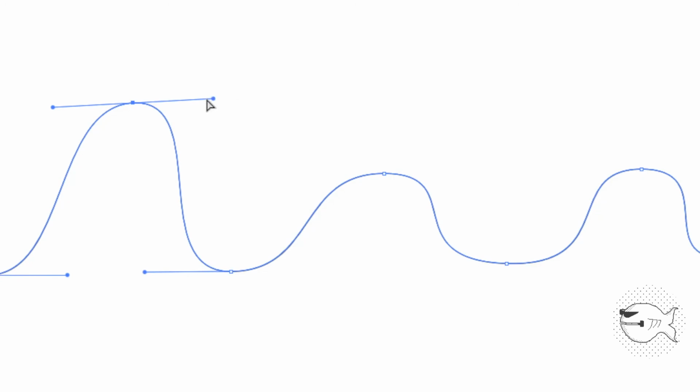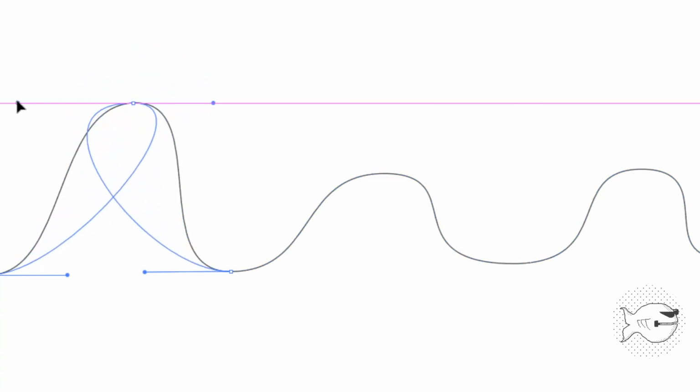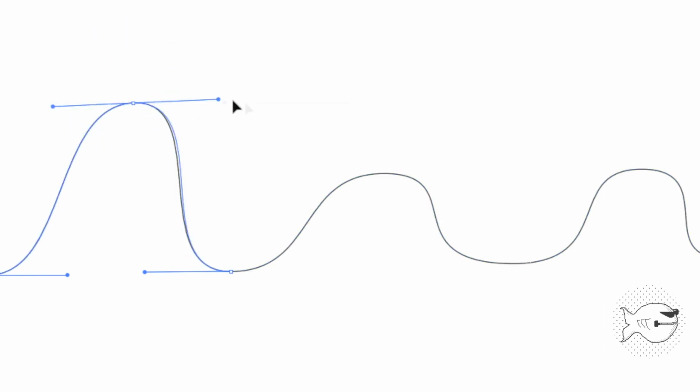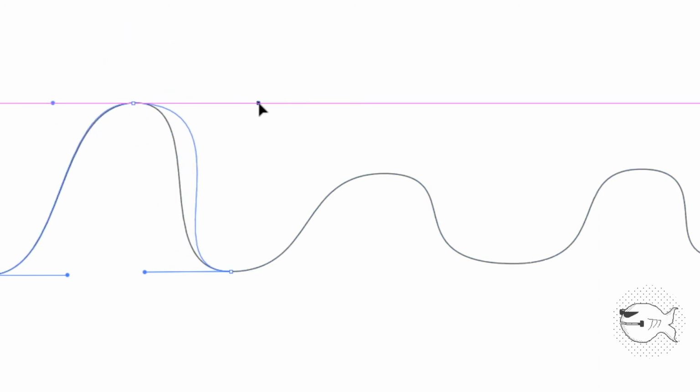What I can also do is now click on one of the handles and change the shape and the direction of that curve. Now, as I rotate this around, pay attention, the anchor handles are initially locked at 180 degrees opposite from one another.